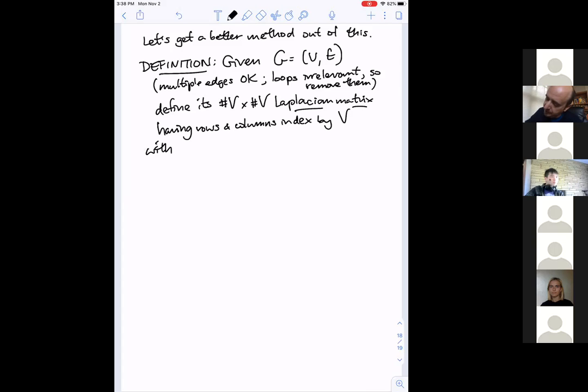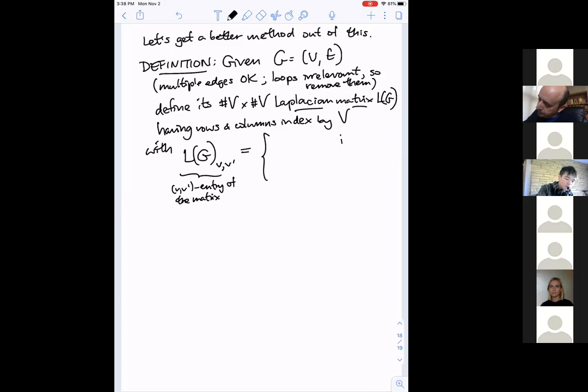The Laplacian matrix is going to be called capital L of G. So L of G, V, V prime means the V, V prime entry of the matrix.